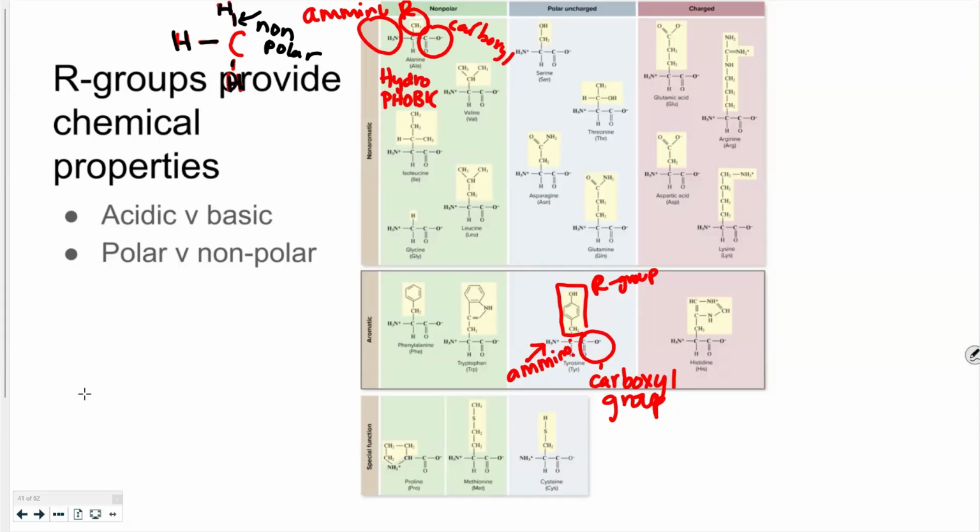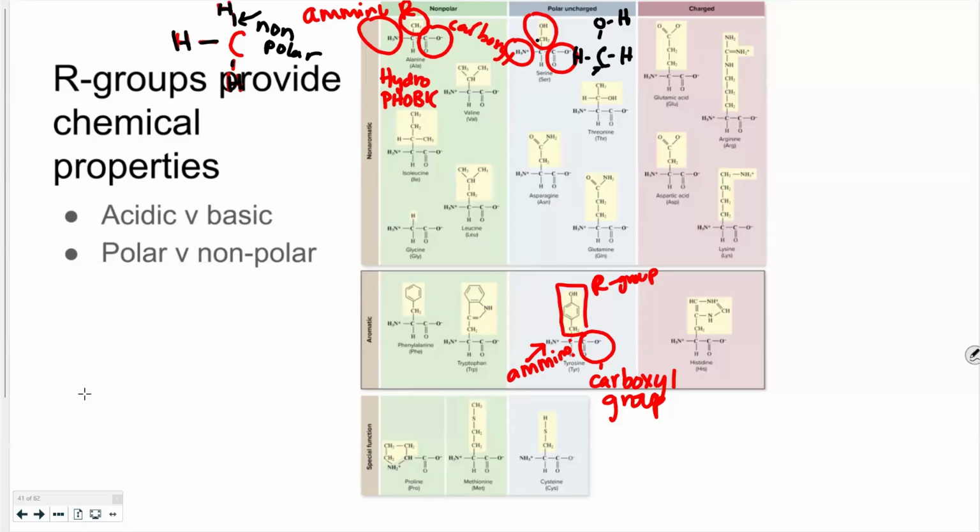Okay. Let's scooch over and look at our boy serine. Here's our amino group. Here's our carboxyl group. Here's our R group. We have a carbon. I'm going to just expand this out a little bit for you. So that's what this CH2 is, that's here.